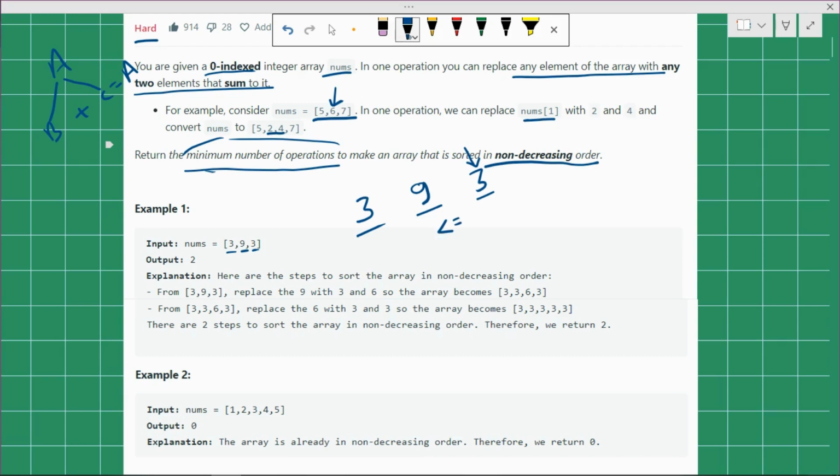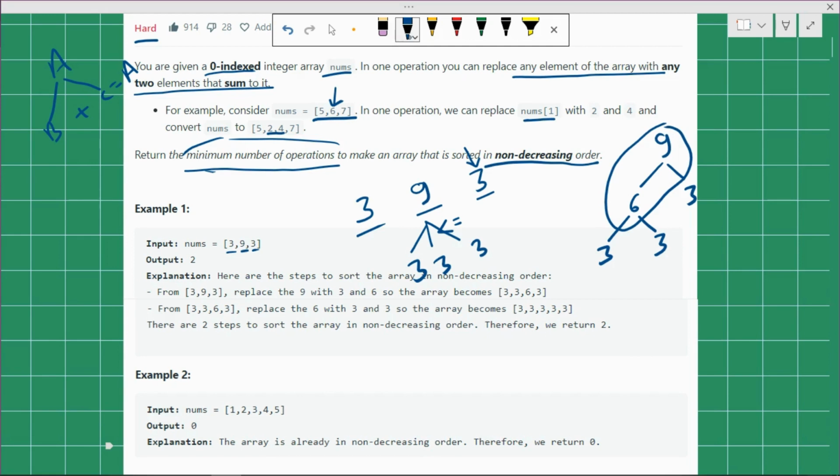So we will break it into chunks of 3, 3 and 3. To do that, 9 will first be broken into 3 and 6, and 6 will again be broken into 3, 3. So in total what we need is two operations.